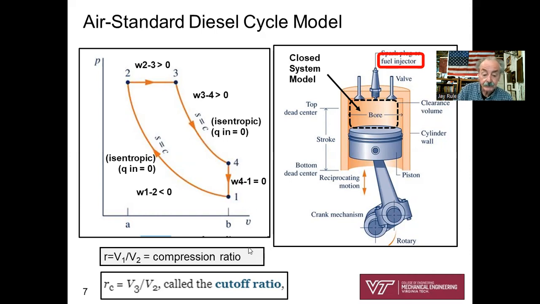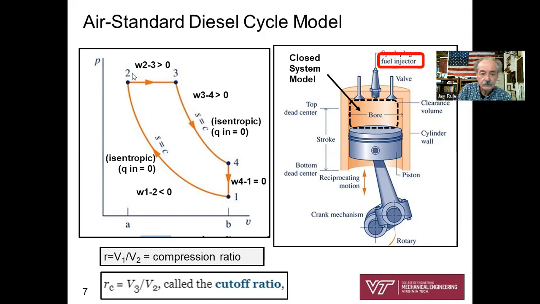Now for jargon, some are going to know this by heart already from your practical experience. Others need to learn the jargon. r, little r, is called the compression ratio for internal combustion engines. And that is simply V1 divided by V2, the max volume divided by the minimum volume of the air inside. And so do you see the compression ratio is fully defined by the geometry of the piston and cylinder.